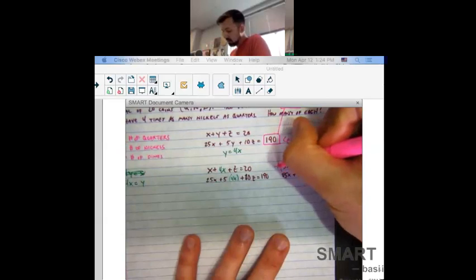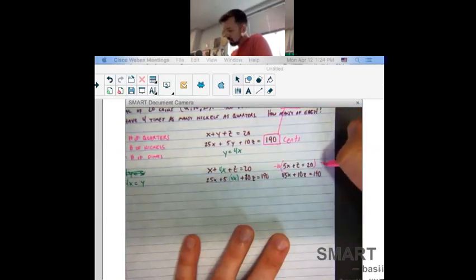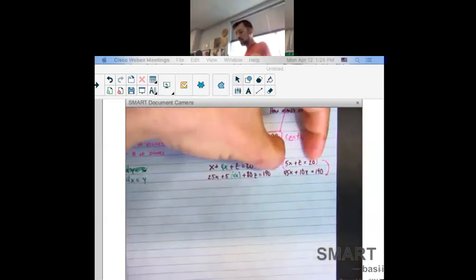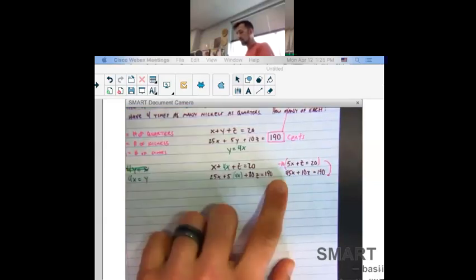I'm going to multiply this by -10. I'm just going to bring it down here below. That way it's already stacked. I don't have to rewrite the whole problem twice. I'll multiply that top equation by -10 and bring it down here. I'm going to add it to the middle equation.